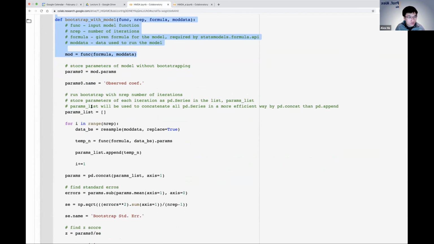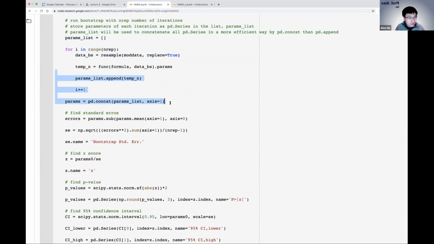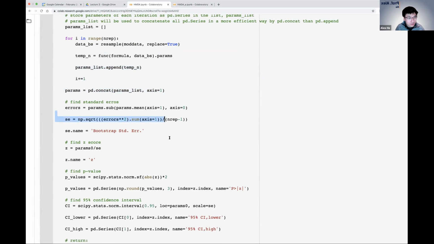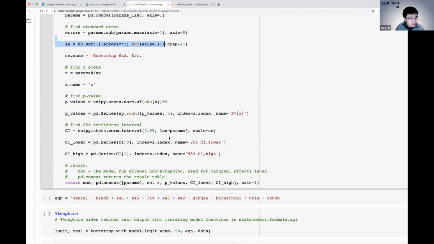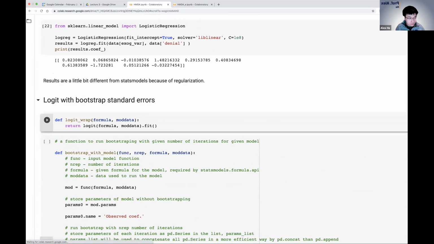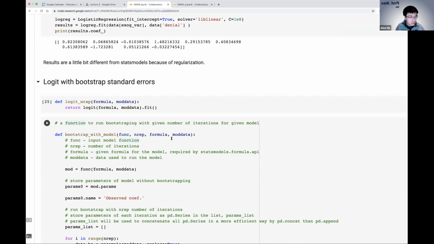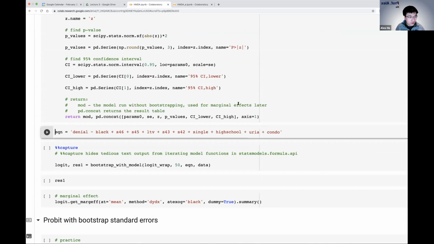Basically, you just draw from the sample with replacement and get a new sample, then do estimation on that new sample, and then calculate the standard errors of those betas, and also get the confidence interval and so on. These are just functions that you define in Python.